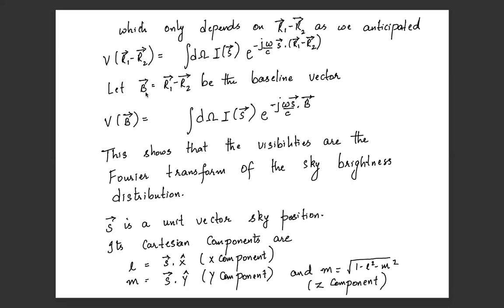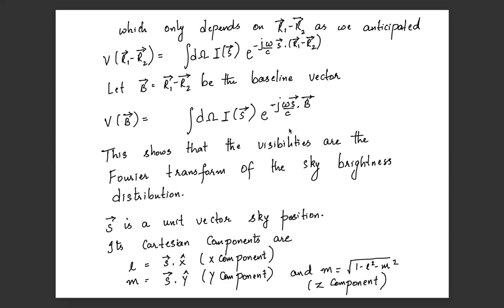So let's call B the baseline vector, which is R1 minus R2. Then the visibility on a baseline vector B is just equal to the beam solid angle integral of the sky intensity distribution with this complex phasor. And now this is basically a Fourier transform relationship in 3 dimensions. That is the basic equation we are going to work with.